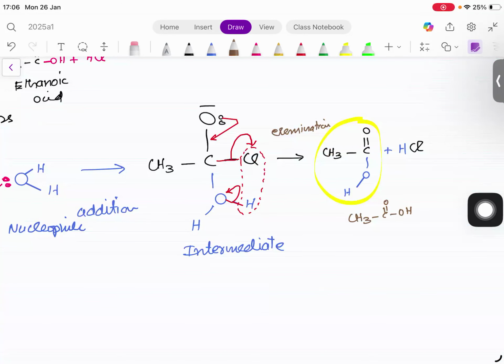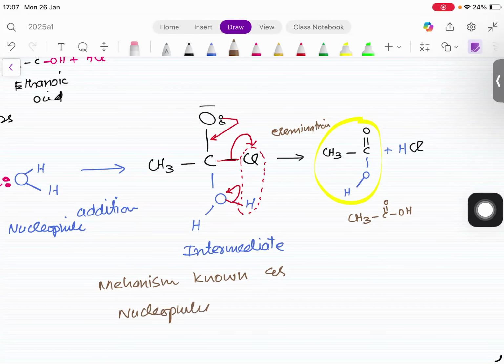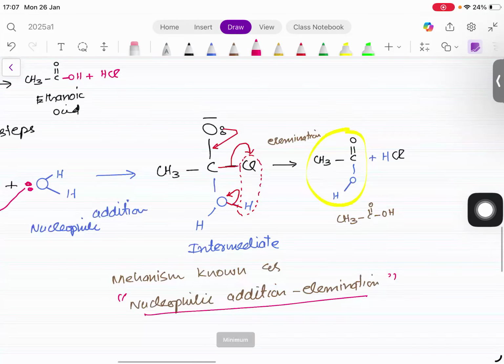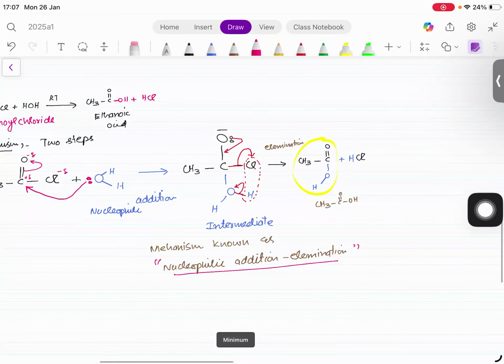So therefore, this mechanism is known as nucleophilic addition-elimination.